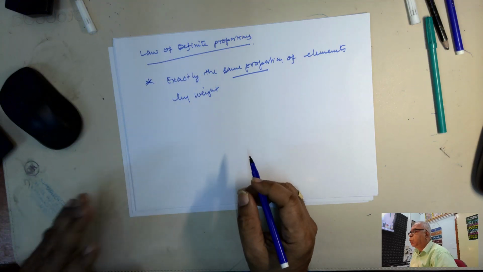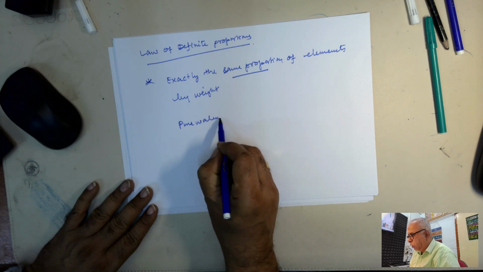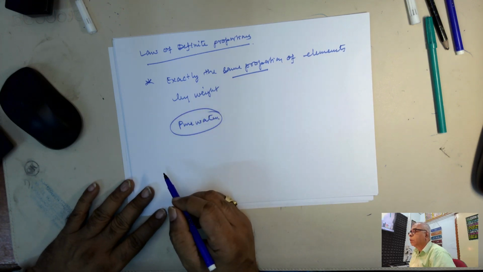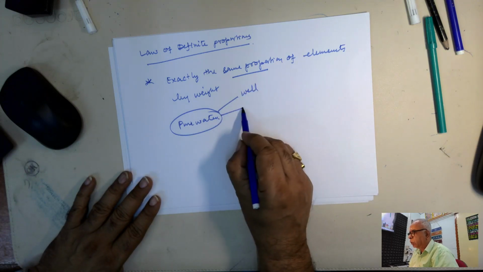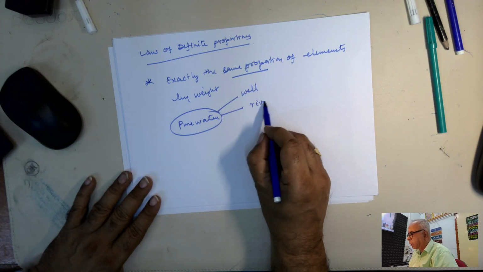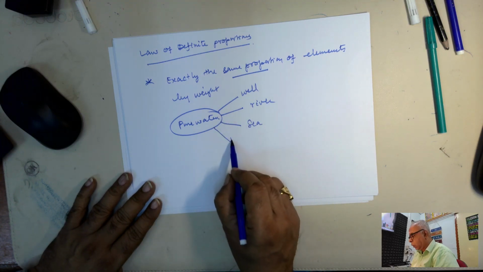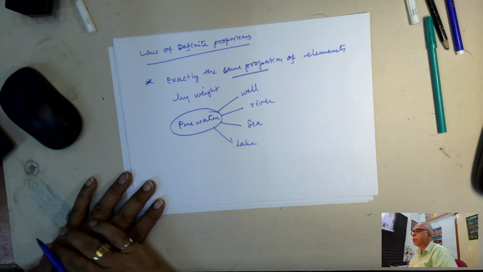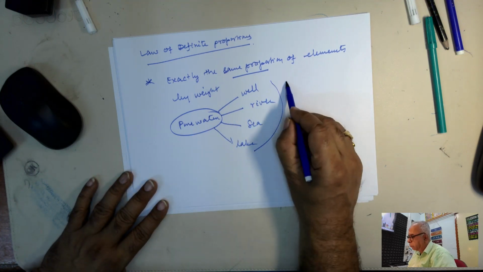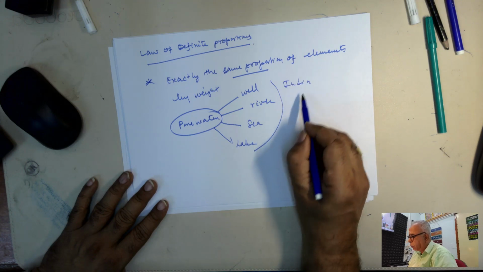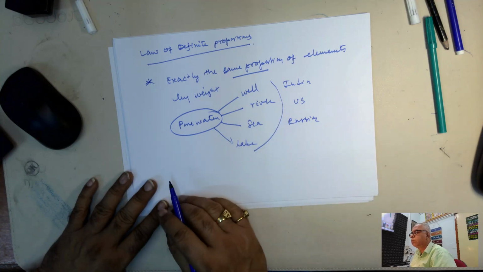For example, pure water. When you say pure water, it can be obtained from various sources: from a river, from the sea or a lake, etc. Or it can be from any country, India, US, Russia, anywhere.